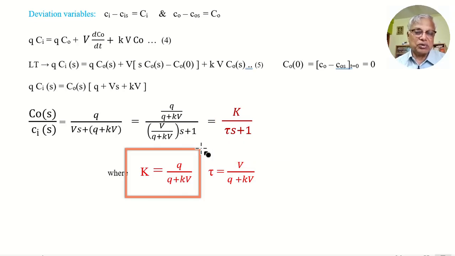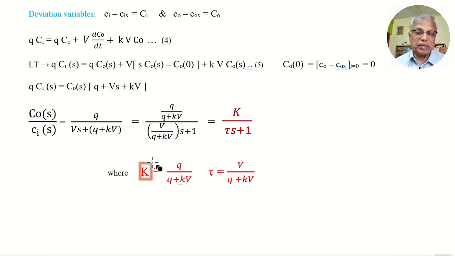Q is the volumetric flow rate, V is the volume of the reactor, and small k is the rate constant. Capital K is gain and small k is rate constant. And the time constant is tau equal to V by Q plus Kv.